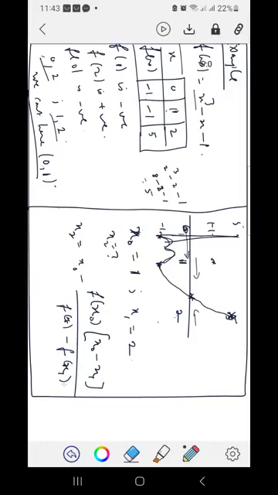Let me scribble it quickly somewhere. X2 equals x naught minus f of x naught times x naught minus x1, over f of x naught minus f of x1. So this is x naught.